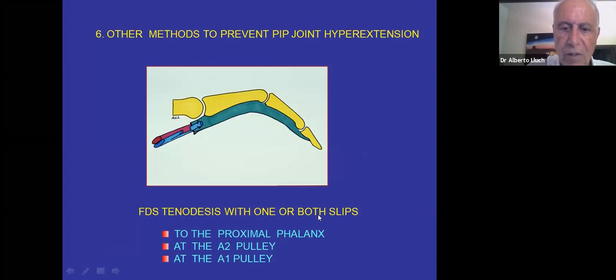Using one or both slips of the flexor digitorum superficialis, which is cut proximally, is left attached distally in the middle phalanx, and then the proximal stump of the sublimis is sutured to the proximal phalanx, which I think is too much surgery in a finger that has problems with the gliding of the flexor tendons. You can suture it to the A2 pulley, or you can suture it to the A1 pulley.